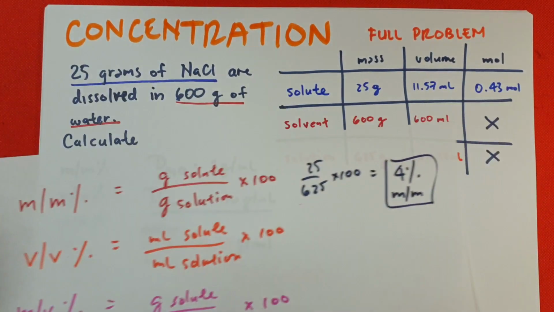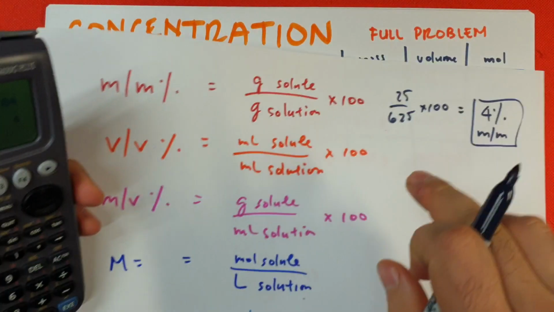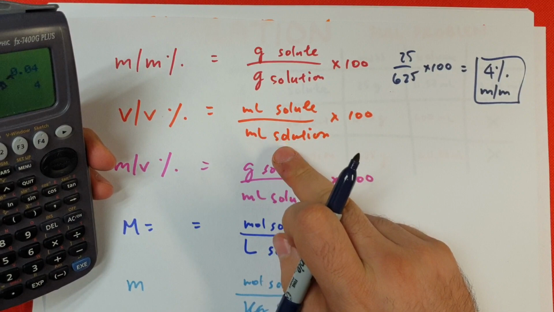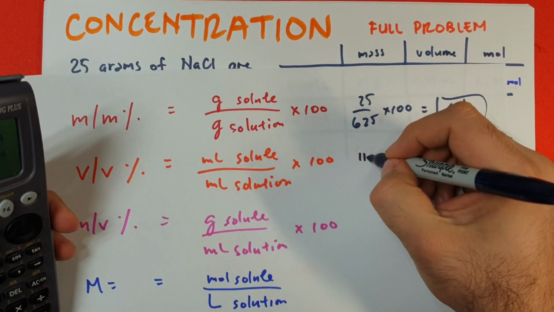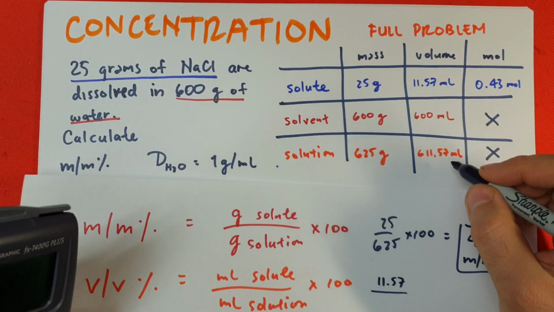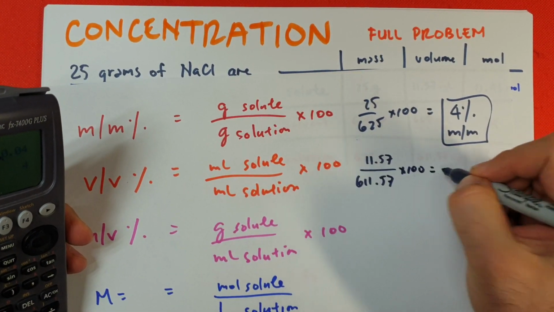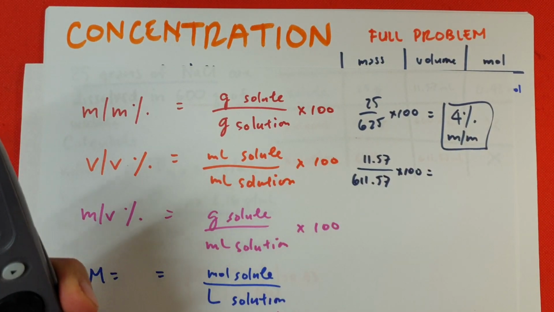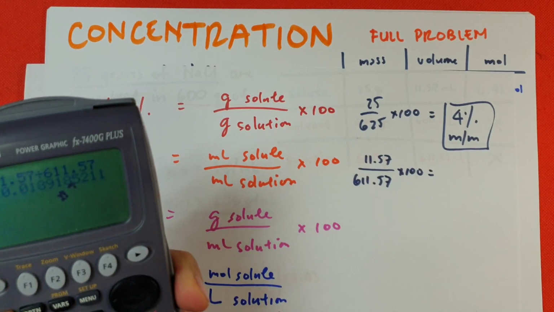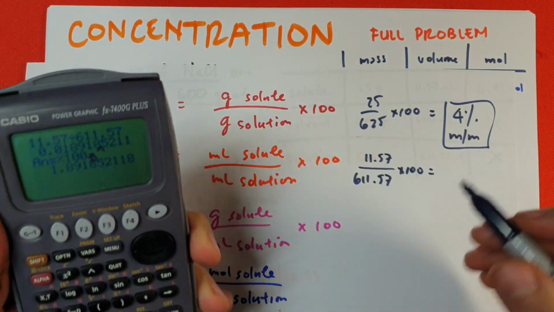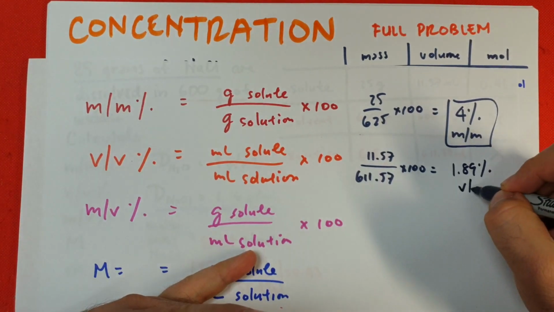First problem done. Second, it's asking us for VV. VV is milliliters of solute divided by milliliters of solution, which we already have right here. 11.57 divided by 611.57 times 100 is 1.89% VV.